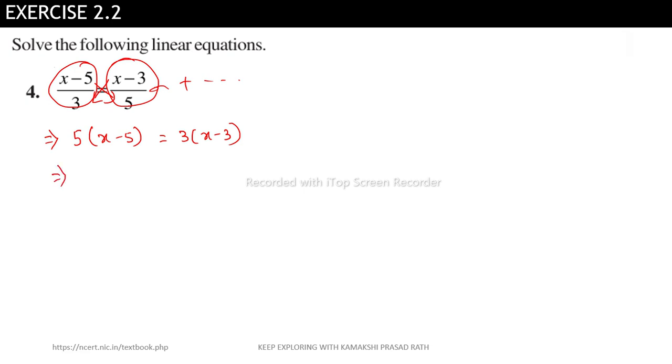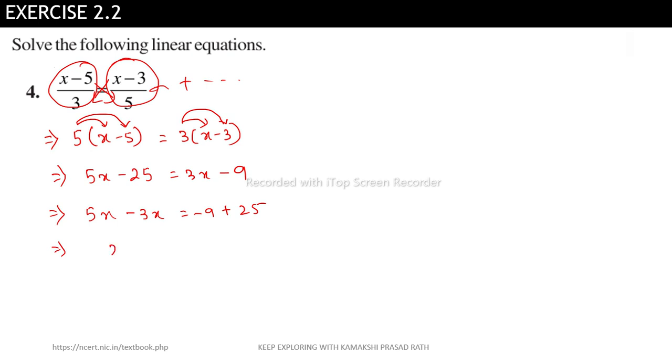Here 5 times x minus 5 becomes 5x minus 25. Important step: 5 has to be multiplied both ways. So 5 into x becomes 5x minus 25. Same thing here, 3 into x is 3x, minus 3 times 3, it becomes 9. Now the shifting part, variables on the left side, so 3x becomes minus 3x, and minus 25 becomes plus 25.